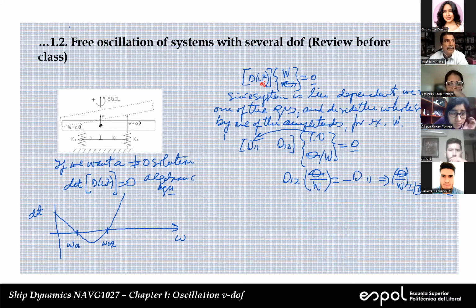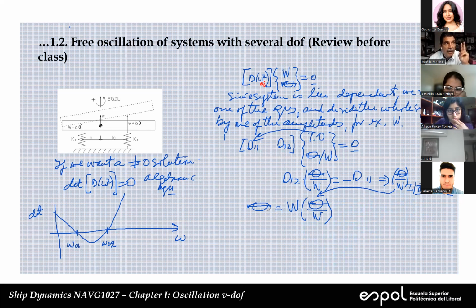For example, you could say that theta is equal to W times theta divided by W. I cancel this with that, and that's equal to that. But the advantage is that this ratio you can calculate from the previous step, so you replace this into here, and that's an expression for theta.